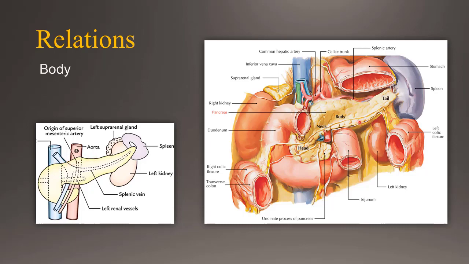Near the inferior border of the body, to the right side, we find inferior mesenteric vessels which escape below the body and on the uncinate process. Posteriorly, body is related to splenic vein. It is also related to abdominal aorta, left crus of diaphragm, left renal vessels. Tail is related to hilum of the spleen.